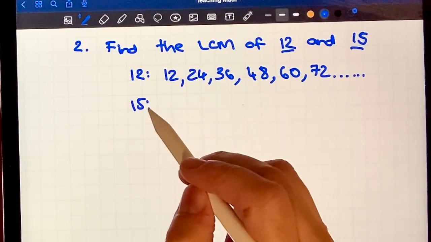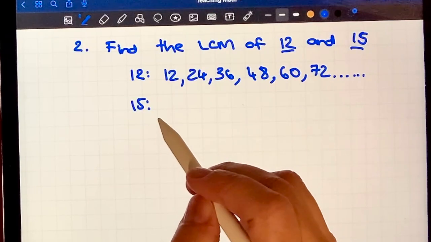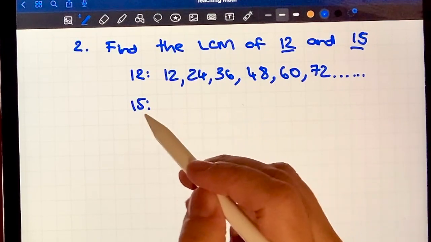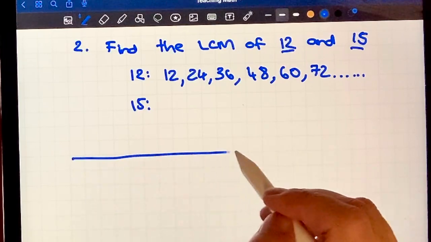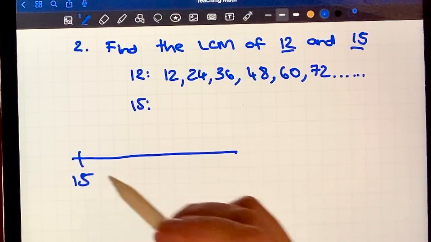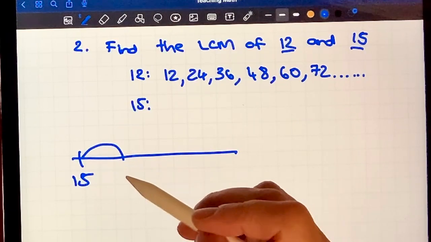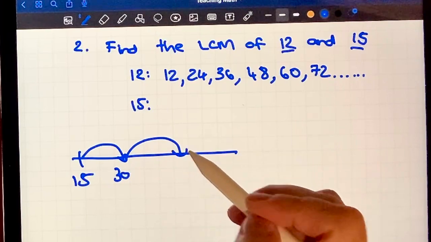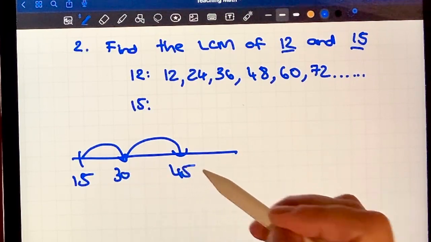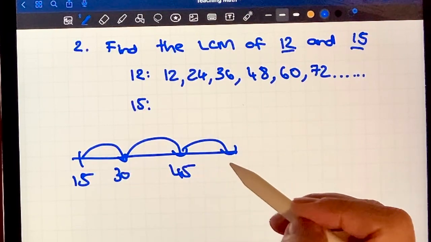What I'm going to do now is come down to my 15 times table and see if I can count. This is like skip counting. I'm going to start at 15 and skip count. Another 15 makes 30. Another 15 makes 45. Another 15 makes 60.